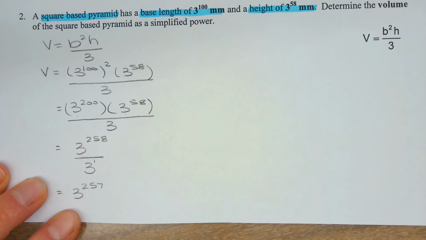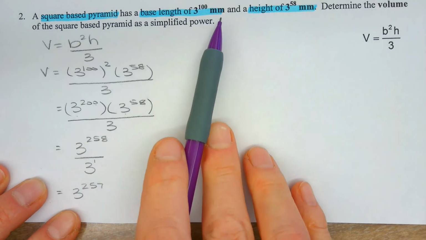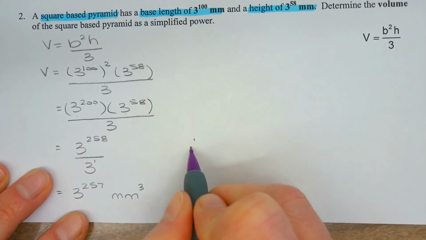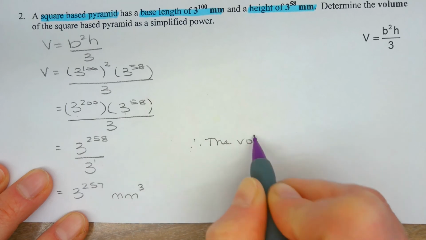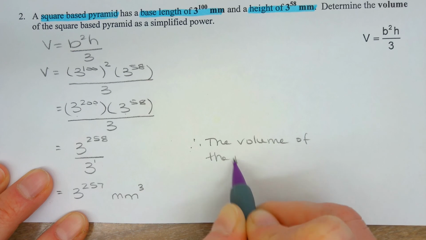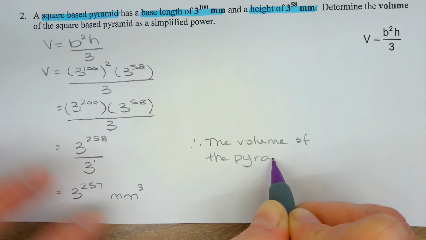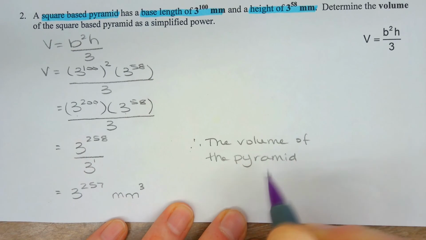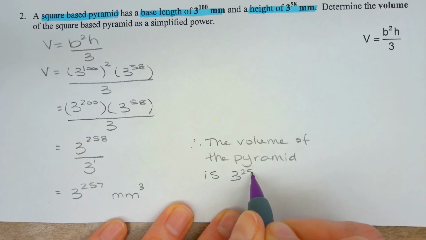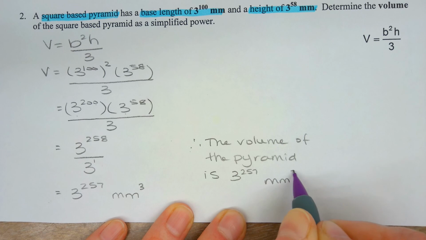And because we were looking for the volume, and the volume was in millimeters, it will be millimeters cubed. So therefore, the volume of the pyramid is 3 to the power of 257 millimeters cubed.